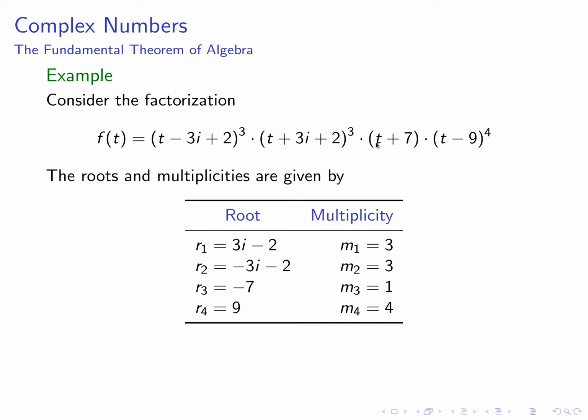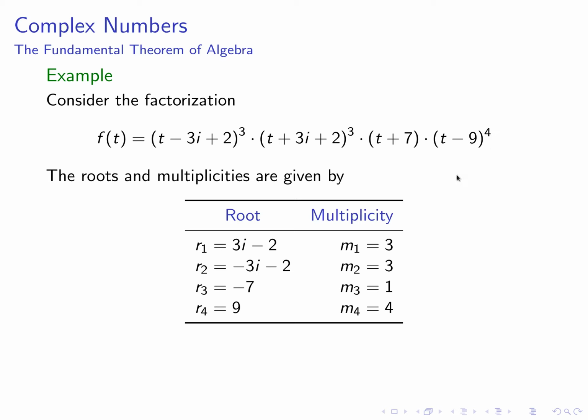The next term is t plus 7. t plus 7 is the same thing as t minus negative 7. So the next root is negative 7, and its multiplicity is equal to 1 because the exponent here is 1. And finally, the last term is t minus 9 to the 4th, which tells us that 9 is our last root, and its multiplicity is equal to 4.